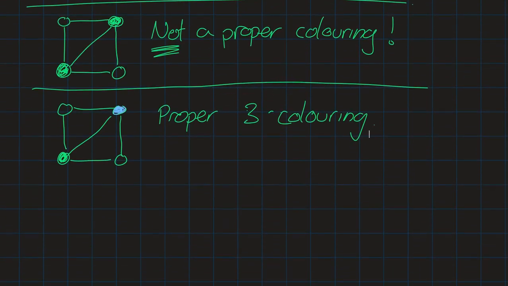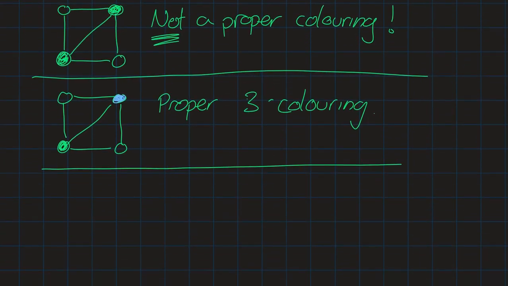Obviously there's more than one way of colouring a graph. I could have coloured this exact same graph completely differently. I could have done yellow, pink, green and red.